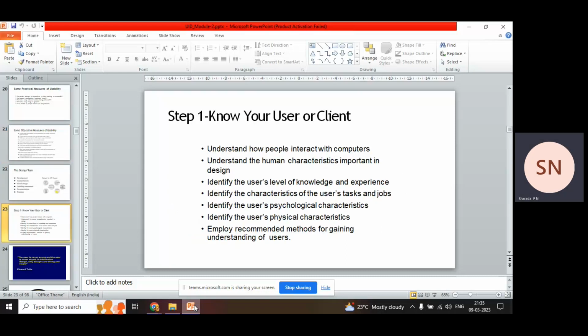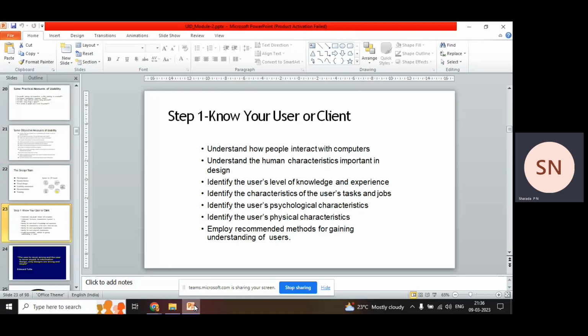So we can now clearly define know your user or client. To create a truly usable system, the designer must always do the following. Understand how people interact with the computer. Understand the human characteristics important in the design.